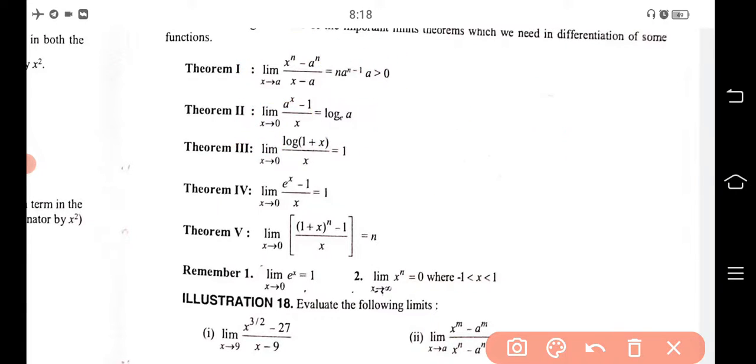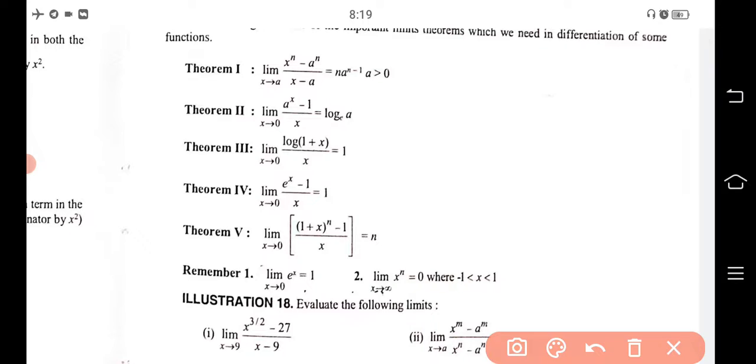Clear? And the third theorem is that the limit x tends to 0 of log(1 plus x) divided by x is equal to 1. According to standard limit theorem 4, the limit x tends to 0 of e to the power x minus 1 divided by x is equal to 1.